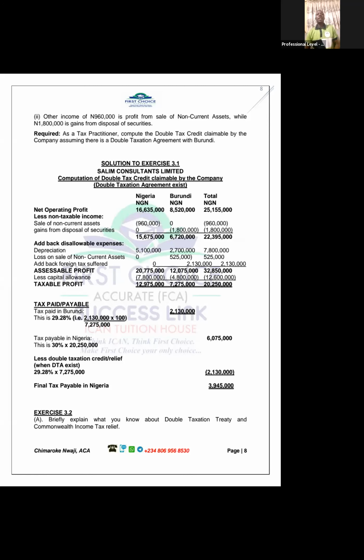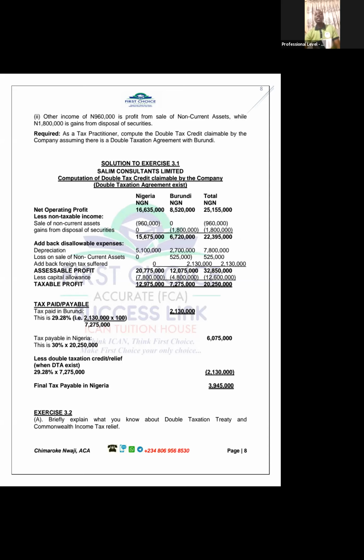And so we'll say 29.28% of the foreign taxable profits. That will be your tax credit. So that amount you paid in Burundi is the same amount that is your tax relief, 2,130,000. That is what the examiner is telling you.